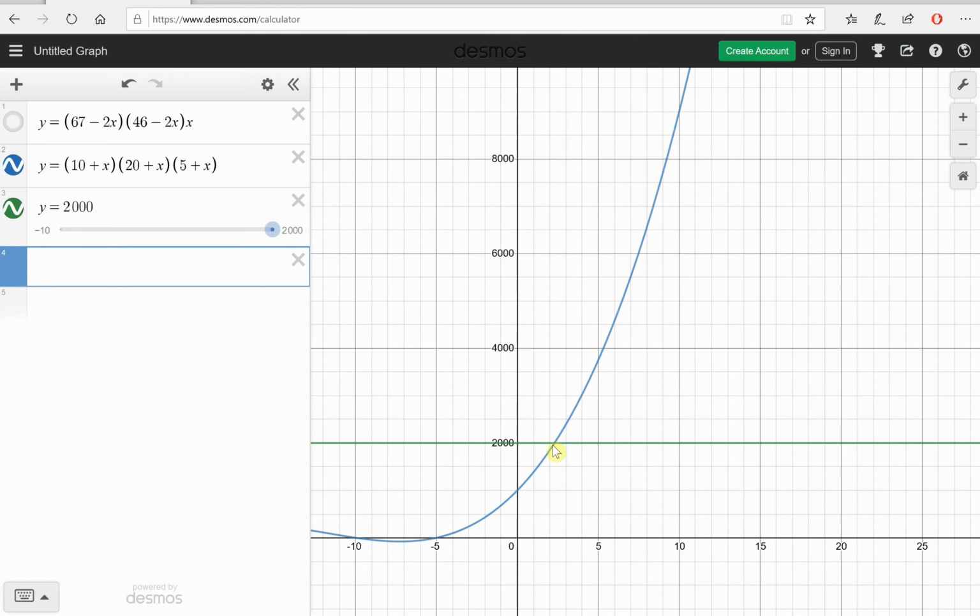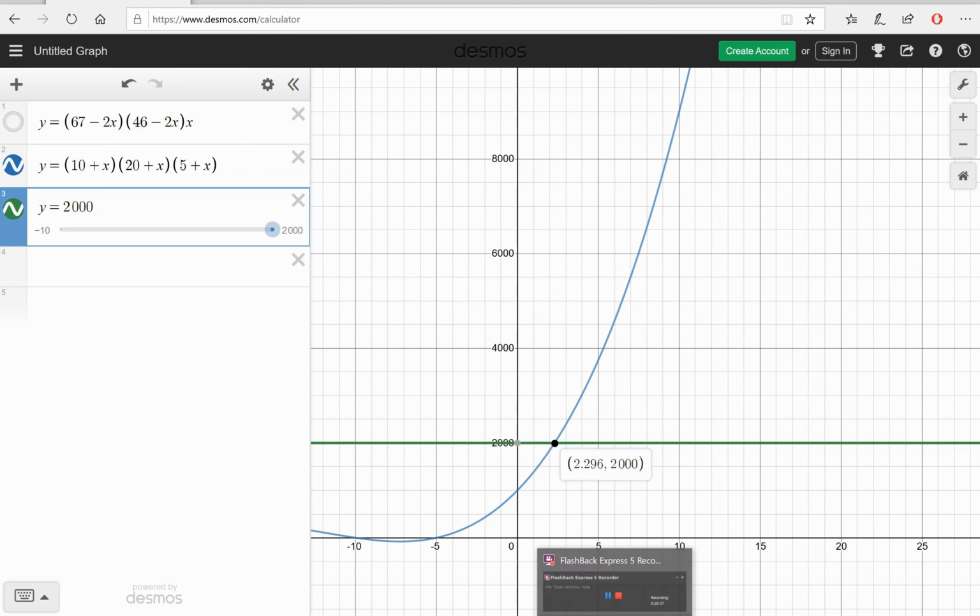Then we can simply click on where they intersect, and that will give us a very nice point. You can see when x is 2.296, the y value will be 2000. So if we increased each side by 2.296 centimeters, then the volume will become 2000.